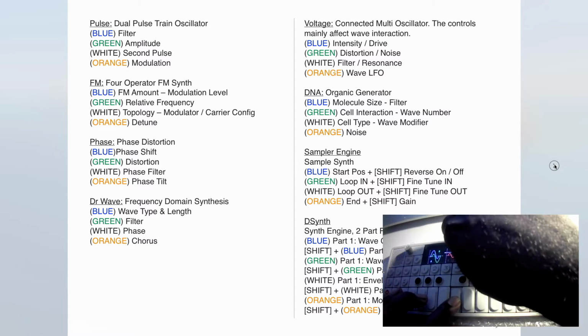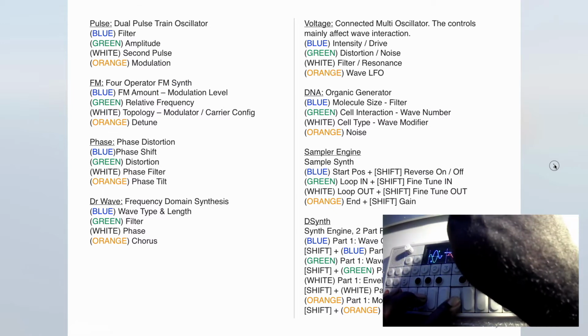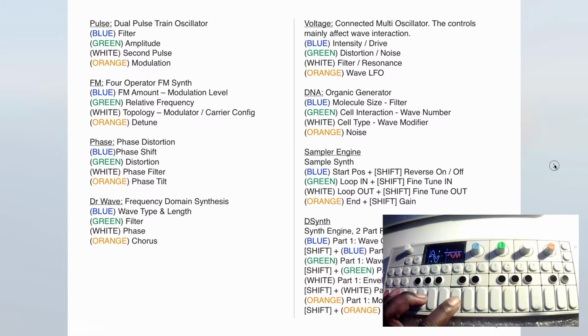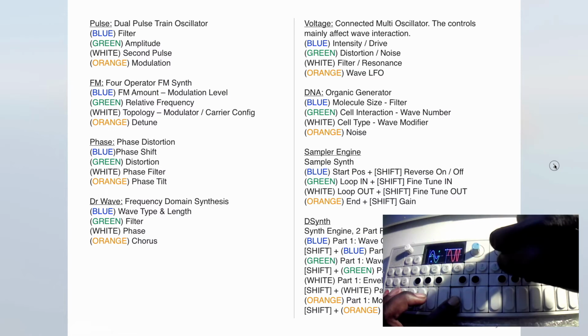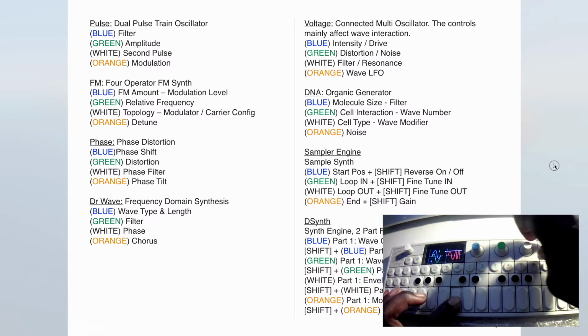Just adjusting that. The green one is distortion. And then the white one controls the phase filter. So that's at maximum. That's minimum.